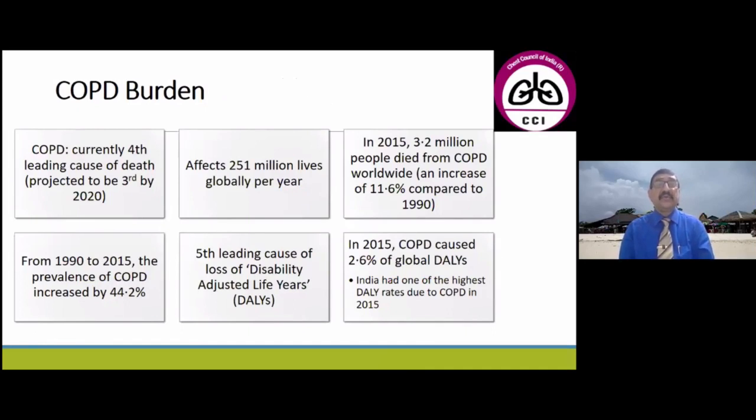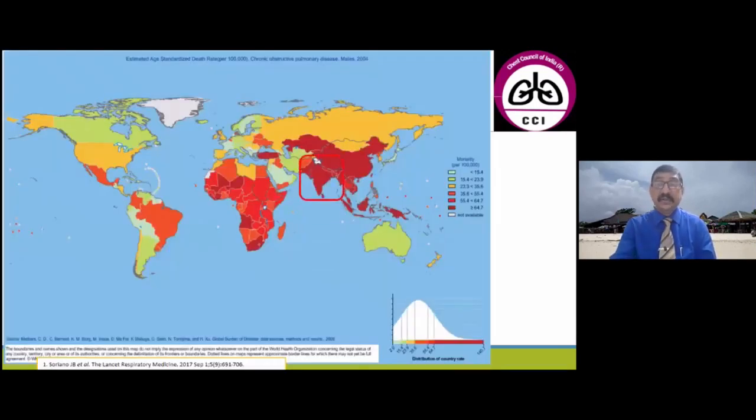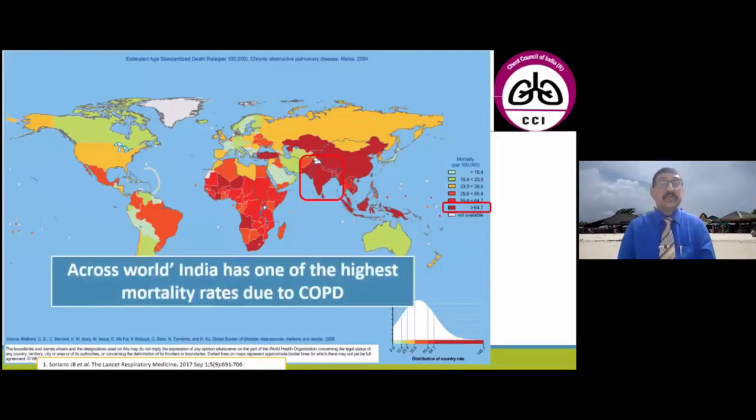In 2015, COPD caused 2.6% of global DALYs, that is disability adjusted life years, making it the fifth leading cause of loss of DALYs in the globe. Across the world, India has one of the highest mortality rates due to COPD. The death rate due to COPD is quite high.